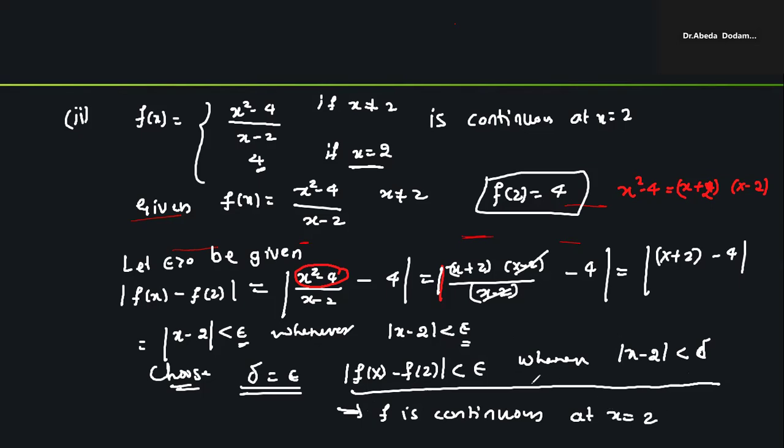Okay, so this is another example where we are trying to understand whether the given function is continuous at a given point. Now let us take another example, the third example.